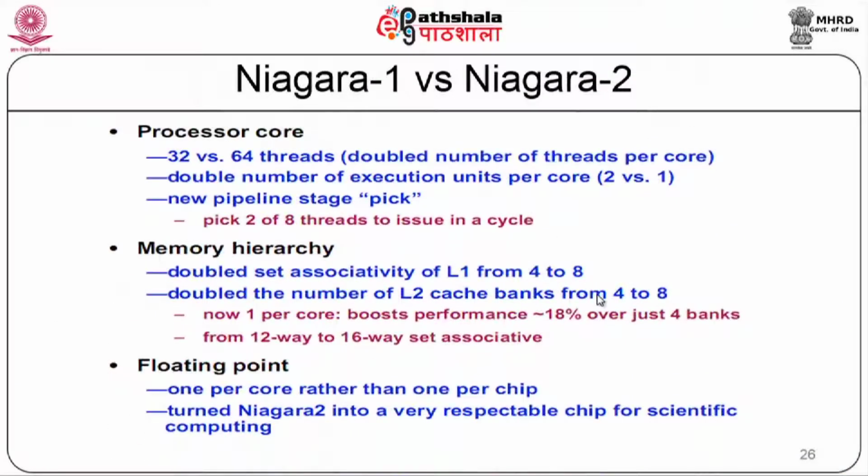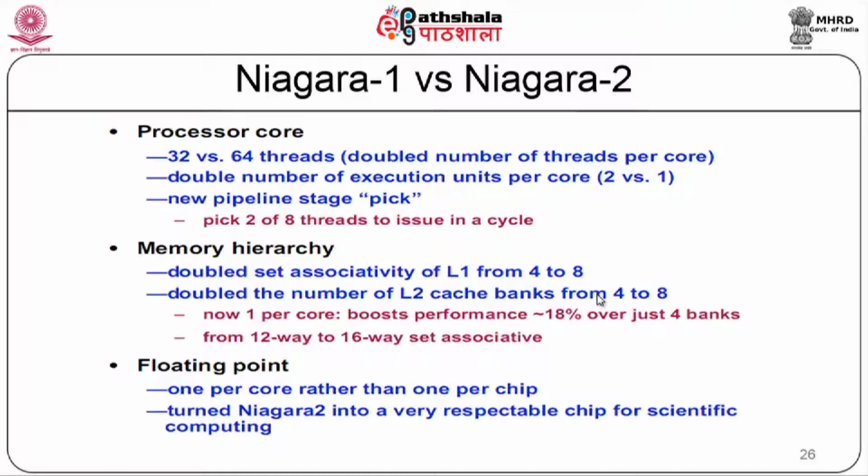To give you a comparison between the Niagara 1 processor and the Niagara 2 processor, which basically has the same type of architecture, it is only the number of threads that differ. In the case of Niagara 1, we had only 32 threads because you had 8 cores and 4 threads per core, so it was 32 threads.